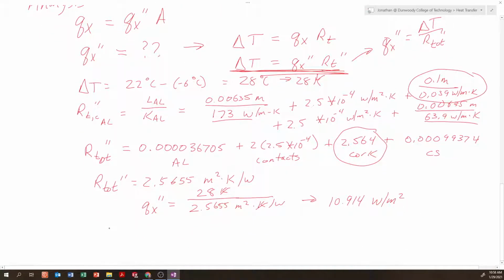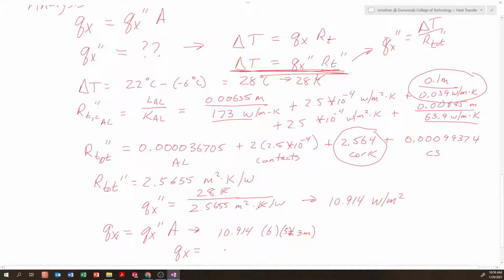And now finally, what are we looking for? Q_x, double prime times the area. So I get 10.914 times 6 times 3 meters times 3 meters.